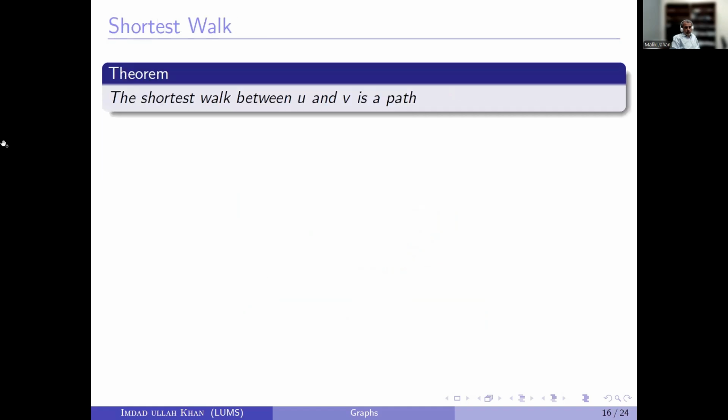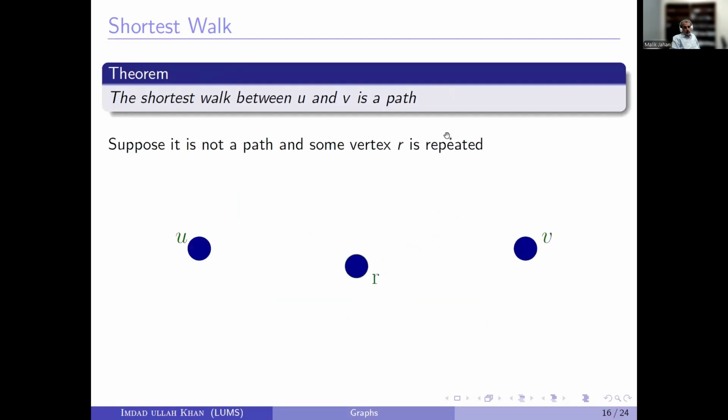So the claim, or the characteristic or theorem, related to directed graphs is that the shortest walk between U and V is a path. And we can prove this claim using contradiction. We assume that it's not a path, but it's still a shortest walk. So suppose it's not a path.